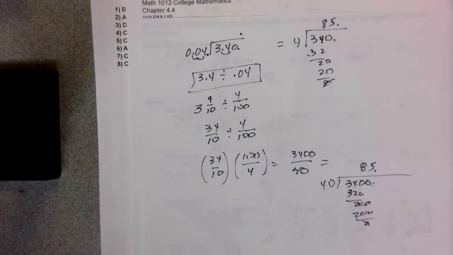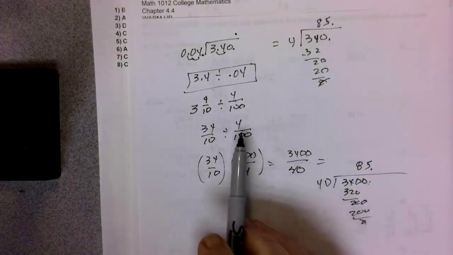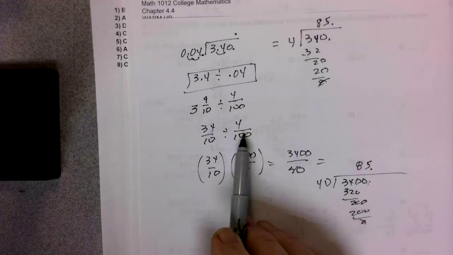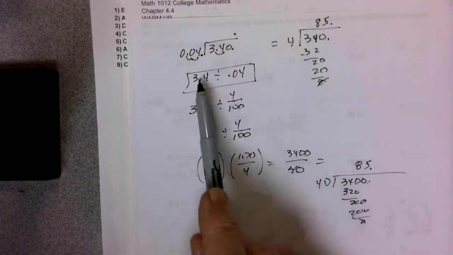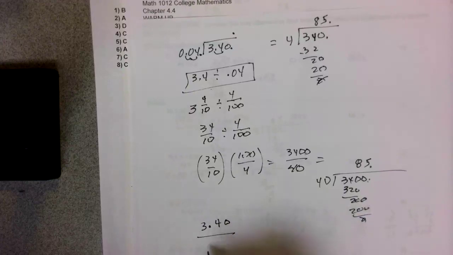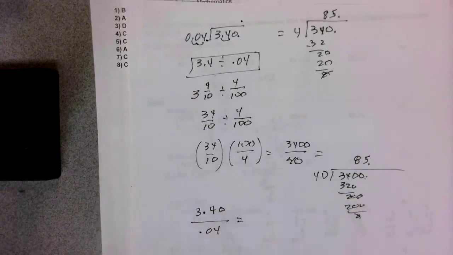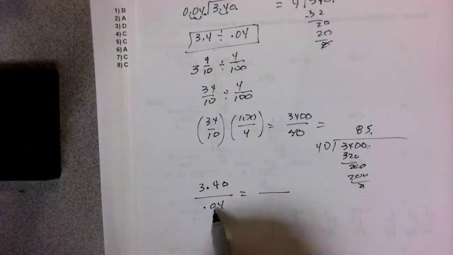Now, there's yet another way you could think about it, which is, notice, you could say to yourself, well, what did I have to multiply this by to turn it into a whole number? So let me show you this. Okay. Then you say, okay, what are you going to do now? What I'm going to do now is I'm going to say, I would like for this to become a 4, just a 4. How can I make it become a 4? Multiply by what, 100?